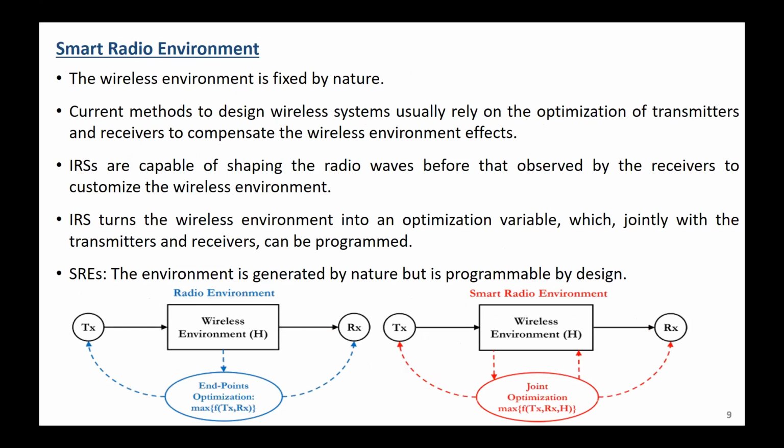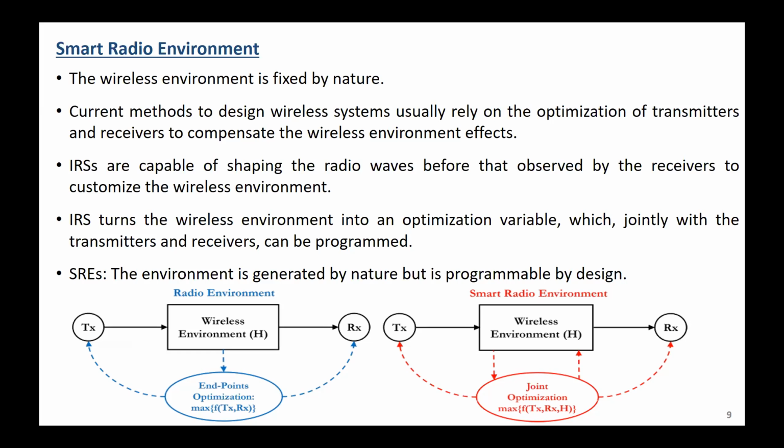The important thing about this intelligent reflecting surface is that it changed our viewpoint on the whole communication system, from first generation to fifth generation. We always looked at the wireless environment or wireless channel as something fixed by nature, and it's true. And our method was to design sophisticated techniques at the transmitter and the receiver in order to compensate for the wireless channel effect.